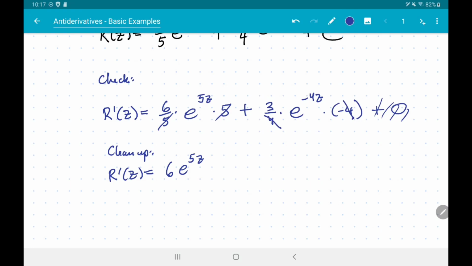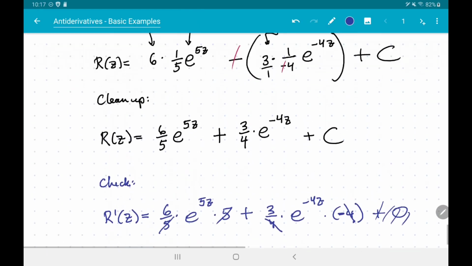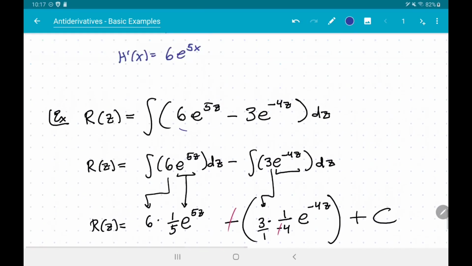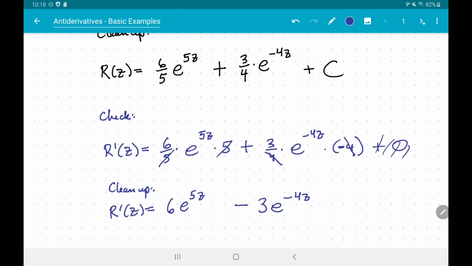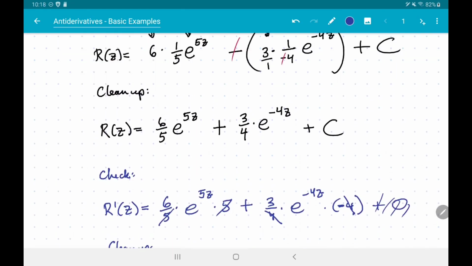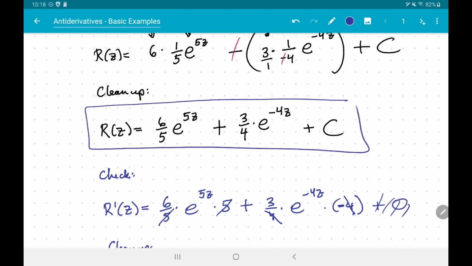So we've got one negative factor in this cluster. So instead of plus, I have to write minus. And so that leaves 3e to the negative 4z. And sure enough, this agrees with what was there inside the integral symbol, 6e to the 5z minus 3e to the negative 4z. Okay, so this checks out. And again, this is the answer that we're looking for.